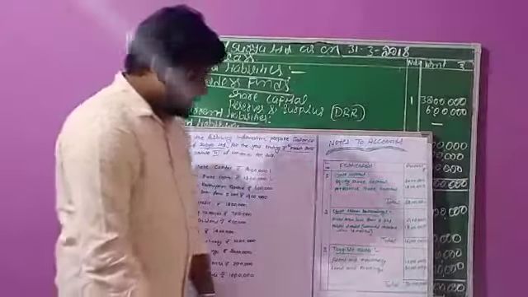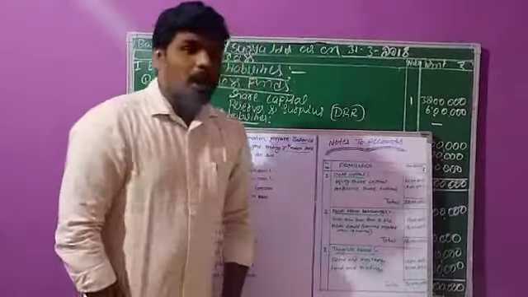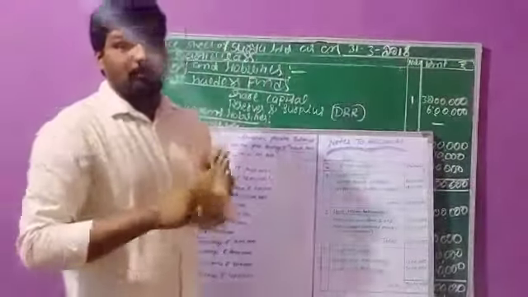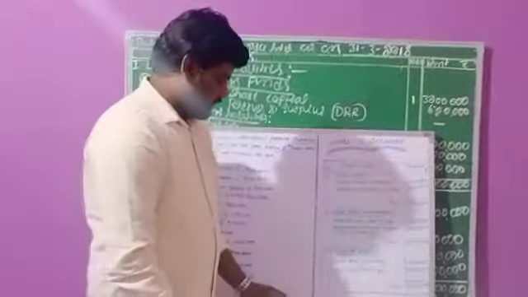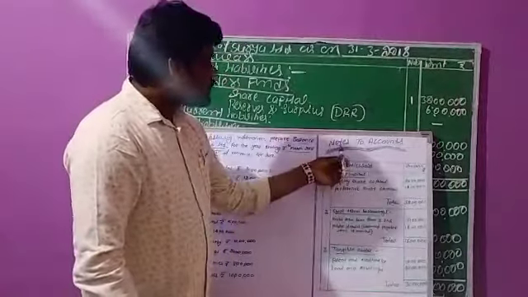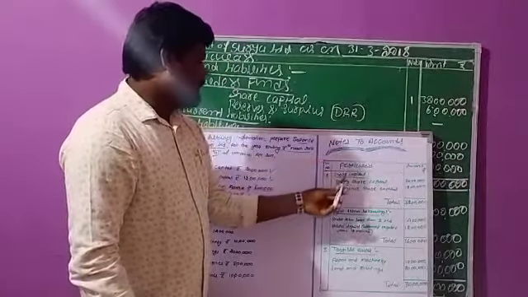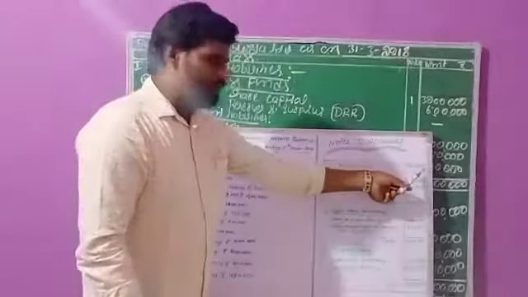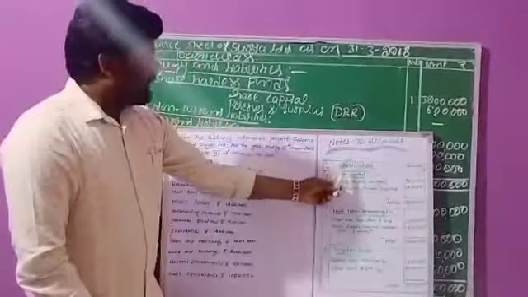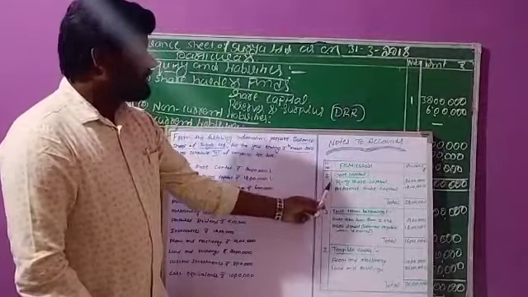For the two types of capital, now we need to apply one working note. When there are two or more transactions, we need to apply working notes. For that working note, under notes to accounts, we have a format with serial number, particulars and amount columns. In that, the first is serial number 1, share capital.